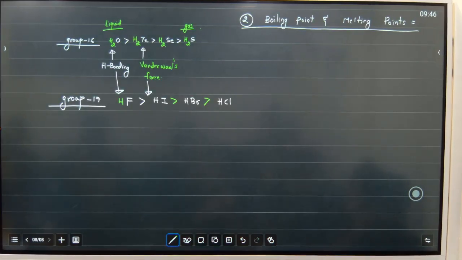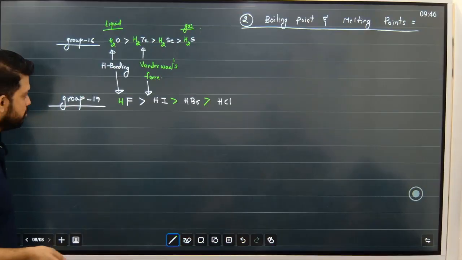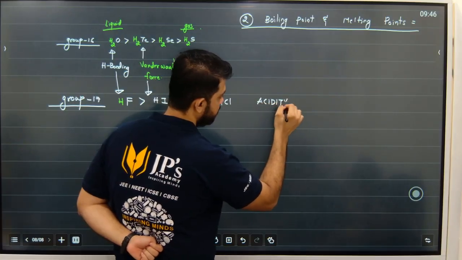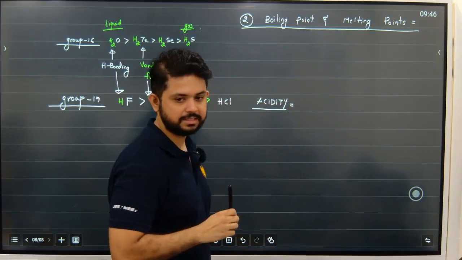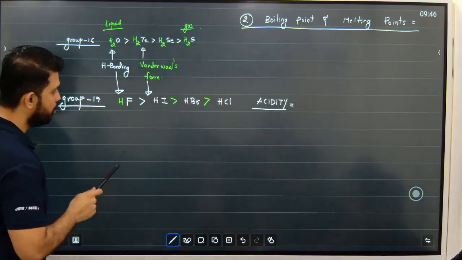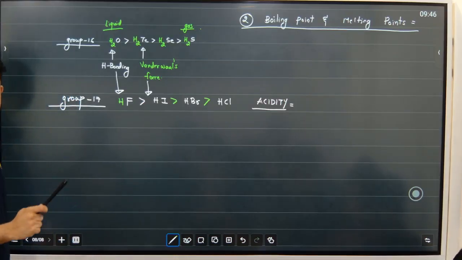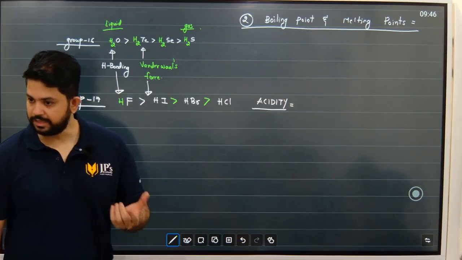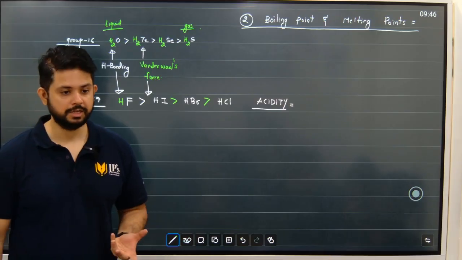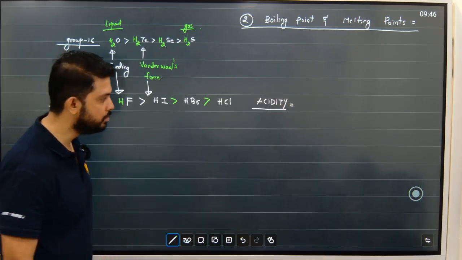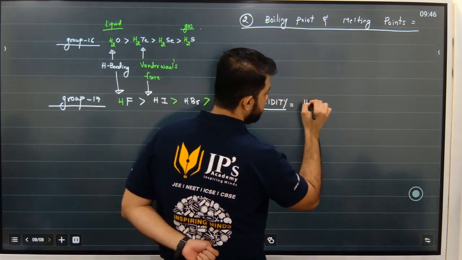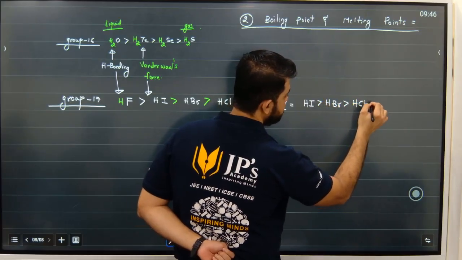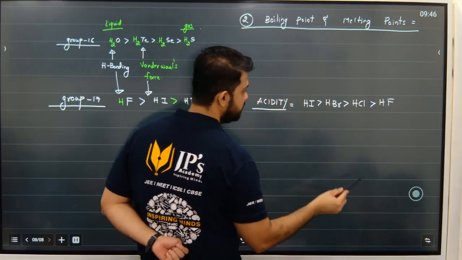Now I repeat, this is not only affecting boiling point, it is also affecting the acidity. What I mean by acidity is, if I want to arrange them according to their acidic character, which is the most acidic? If I look at the electronegativity, it feels that HF is the most acidic, but the most acidic out of the four is HI, then HBr, then HCl, and the reason is the same.